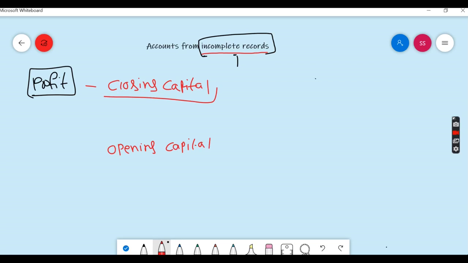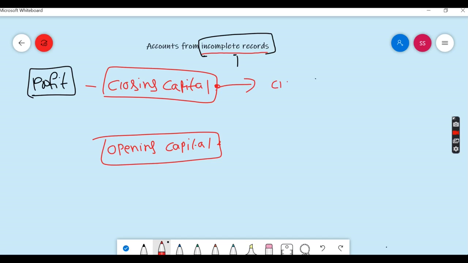What if in the question they didn't mention this? What if they don't give the capital? Then what should we do? At that point of time we need to find out the closing capital. So how can we do that?